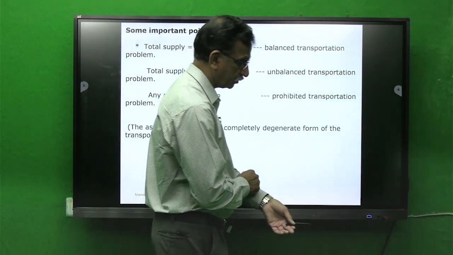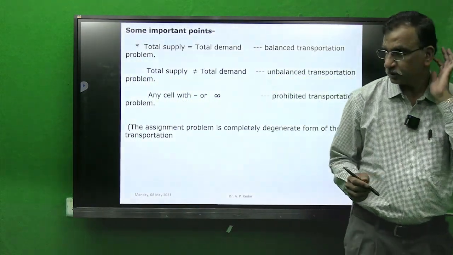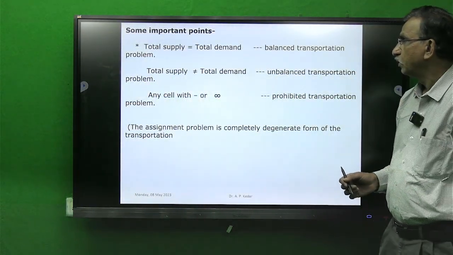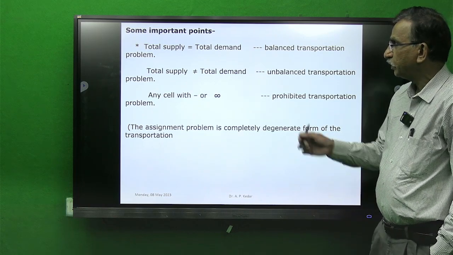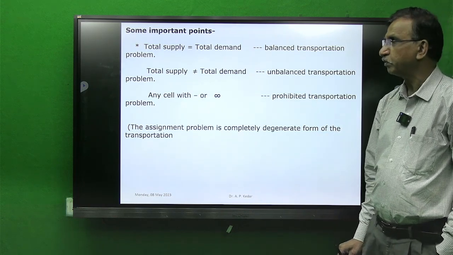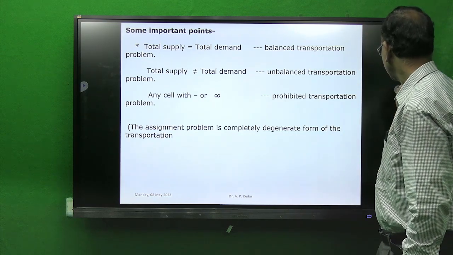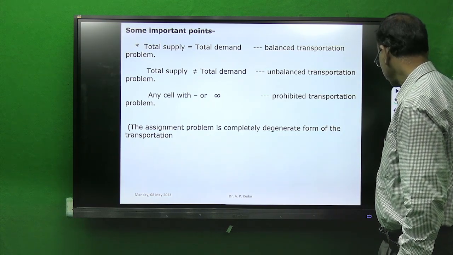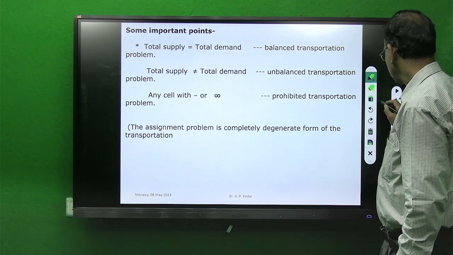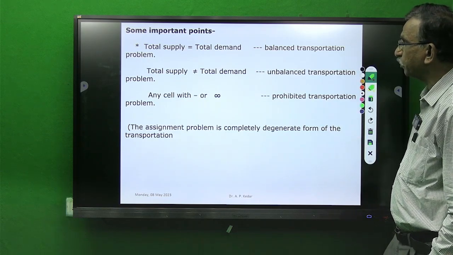This is very important. Once we know the structure of the transportation problem, I have mentioned this under the category of some important points.